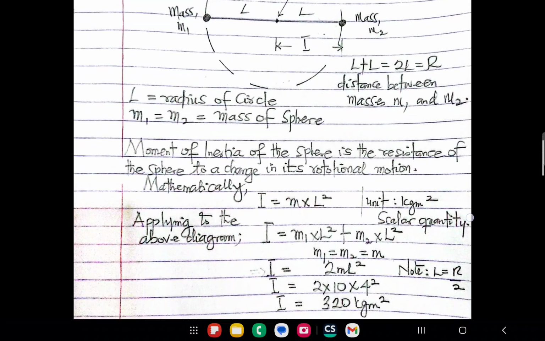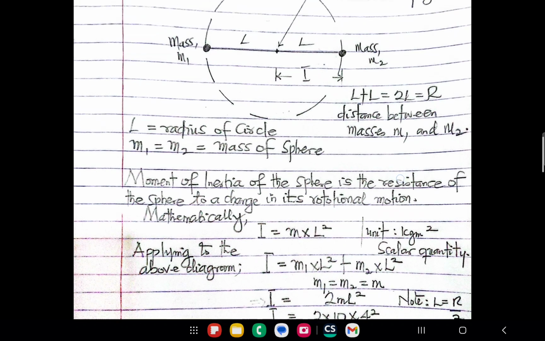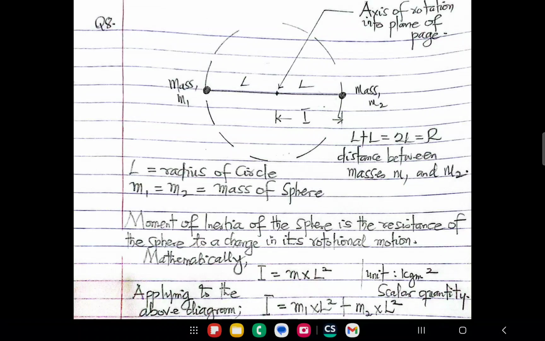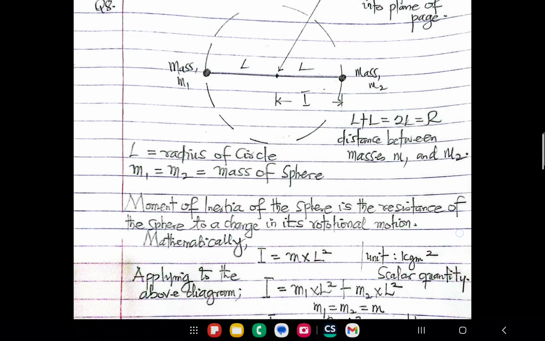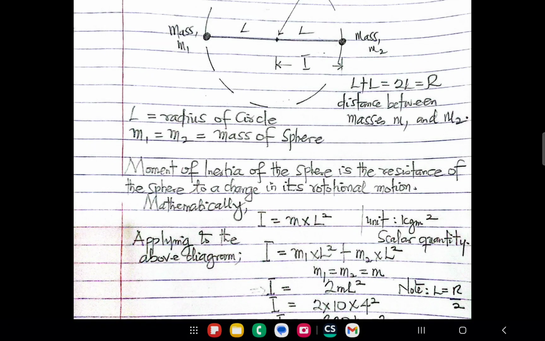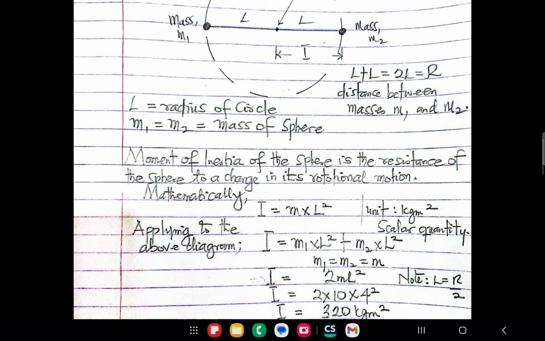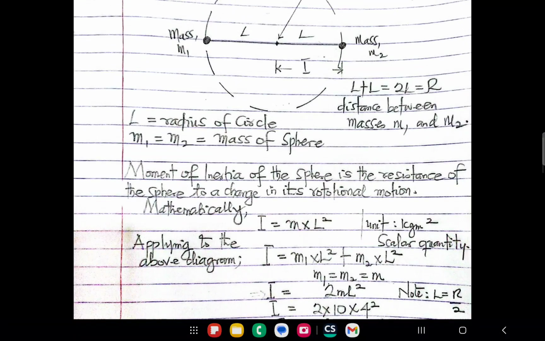So mathematically, we can write our moment of inertia, which is given as I, as mass times L squared, where L is standing for our distance from the axis of rotation to where our mass is. So I is equal to M times L squared. Mind you, the unit for that is kilogram meter squared, and moment of inertia is a scalar quantity.